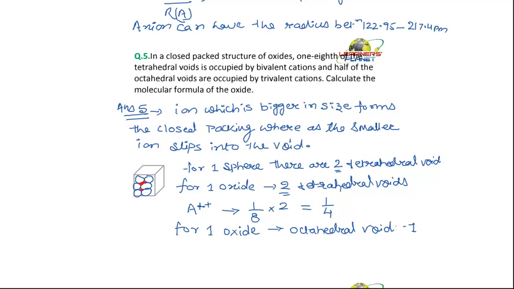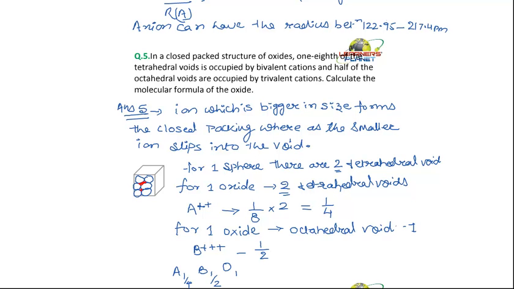So for the trivalent cation B, it is 1/2. Now what will be the formula? There is 1/4 A, there is 1/2 B, and there is 1 O.